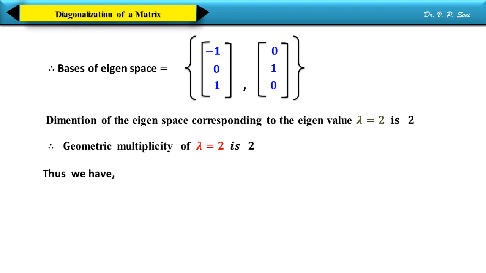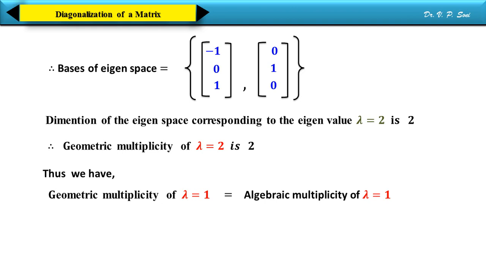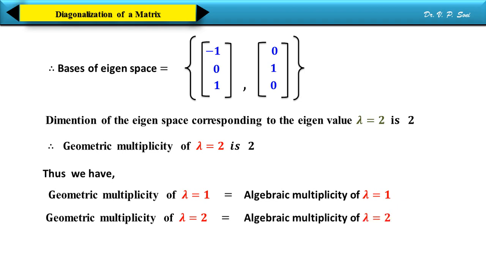Thus we have geometric multiplicity of lambda equal to 1 equal to algebraic multiplicity of lambda equal to 1, and geometric multiplicity of lambda equal to 2 equal to algebraic multiplicity of lambda equal to 2. Therefore A is diagonalizable.